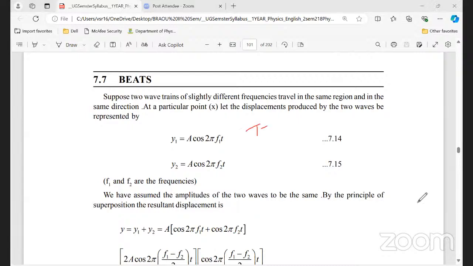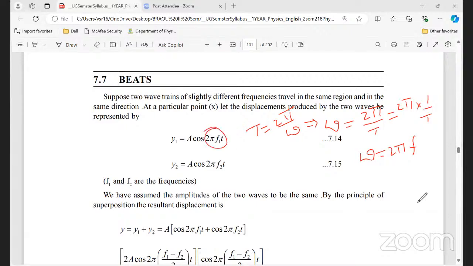Omega equals 2 pi by T, which equals 2 pi f, that is 2 pi into 1 by T. The number of vibrations per second is the frequency.